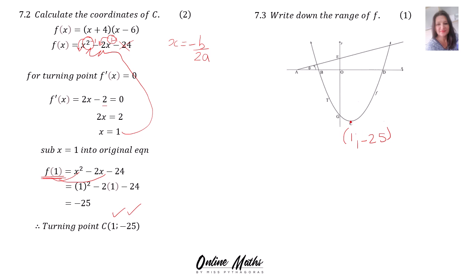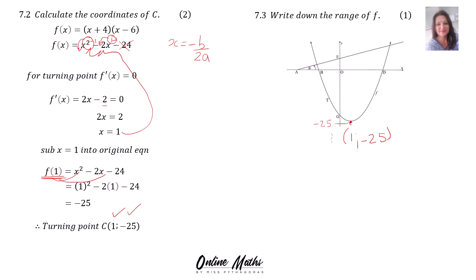And now we're going to use that because on 7.3, they ask for the range of f. So how do we find a range? Range, you always start reading from on the y-axis from the bottom. So nothing is happening, nothing is happening, nothing is happening. And then suddenly there at -25, there you find your graph, and those values will satisfy your graph.